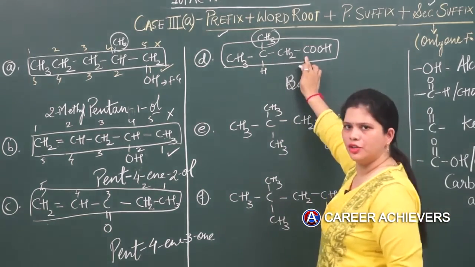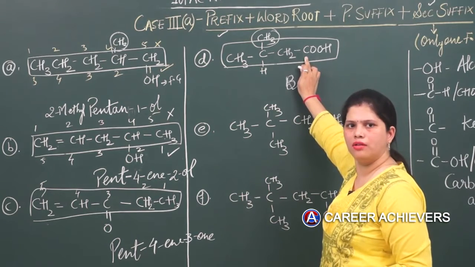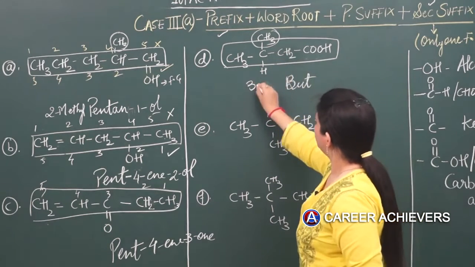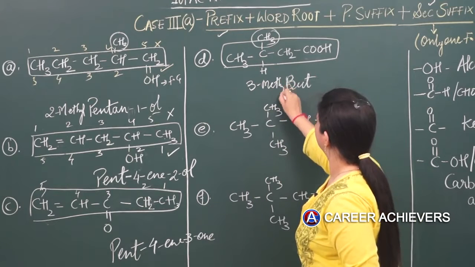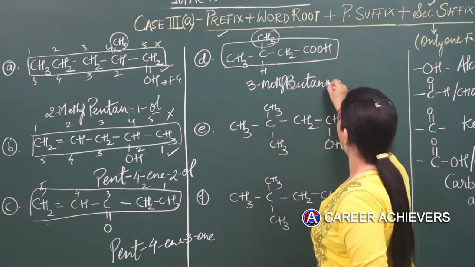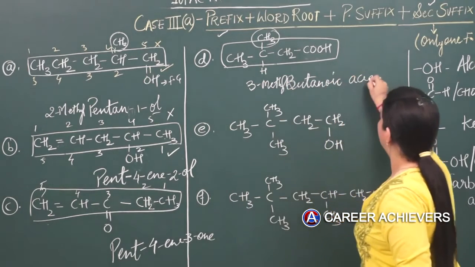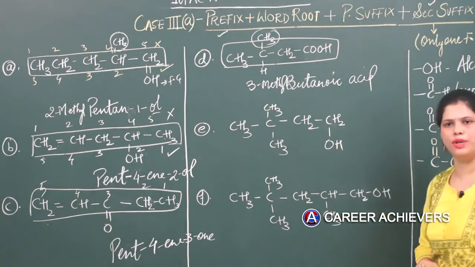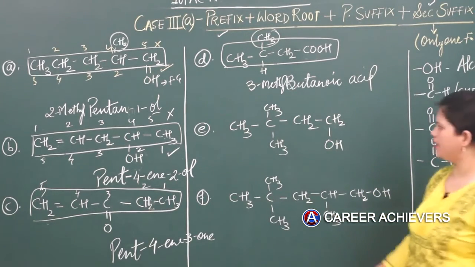And where is the functional group? Again at the very corner, right? So it would be 3-methylbutanoic acid. Now I am not telling all the numbers and everything, because till now from so many examples you might have understood it well.